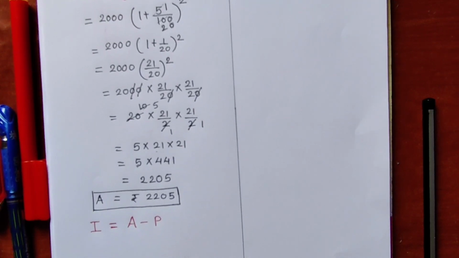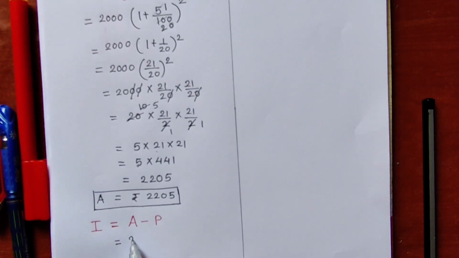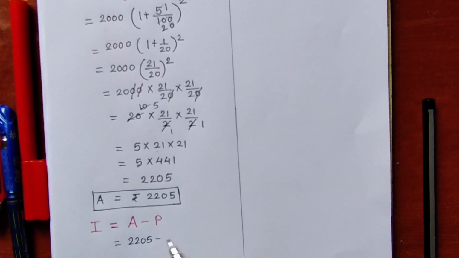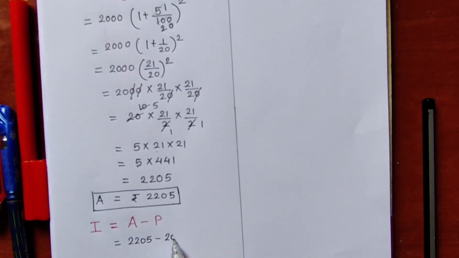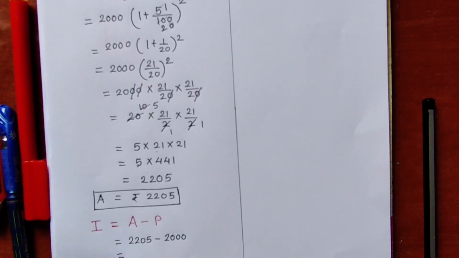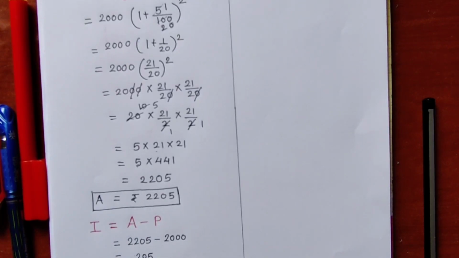After writing the formula, we will put the values. Amount just now we have got 2205 minus principal value 2000, which is given to us. So 2205 minus 2000, we will get 205.